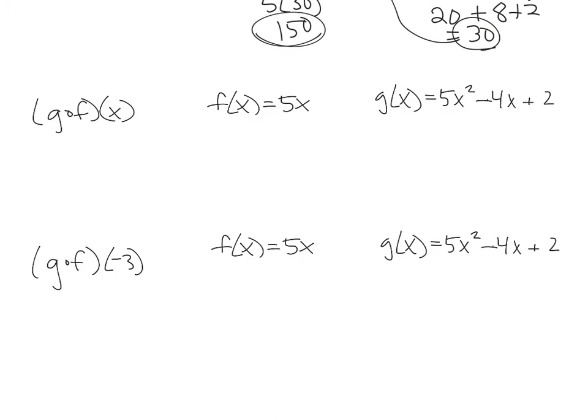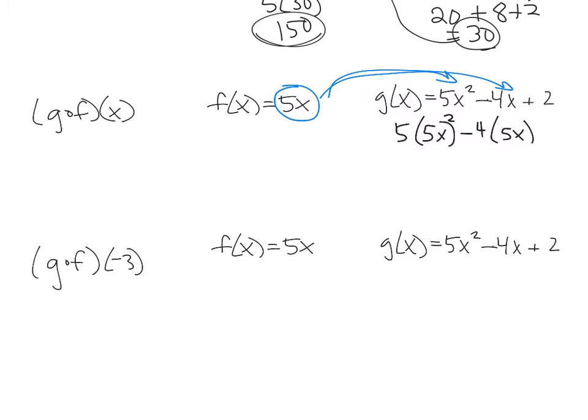Now here, this says take x, put it into f, which gives you f of x. And now we're going to take f of x and put it into g. So wherever we see an x, we're going to replace it with 5x. So this becomes 5 times (5x) squared minus 4 times 5x plus 2. I'm going to speed things along a little bit.